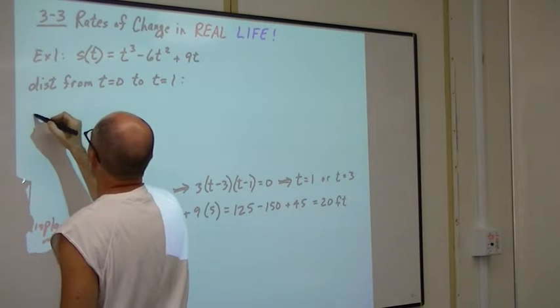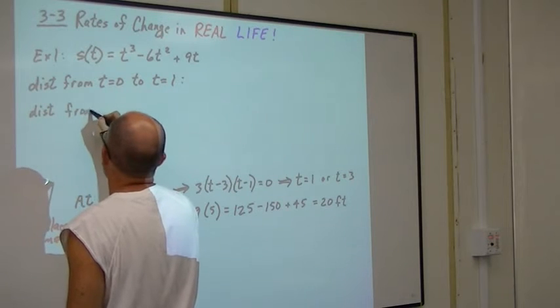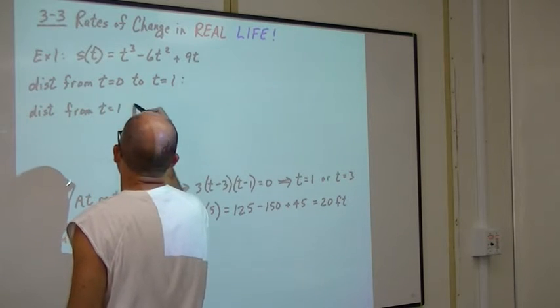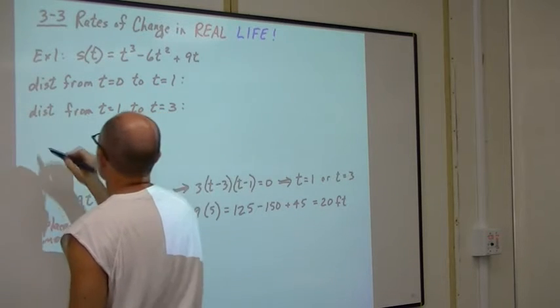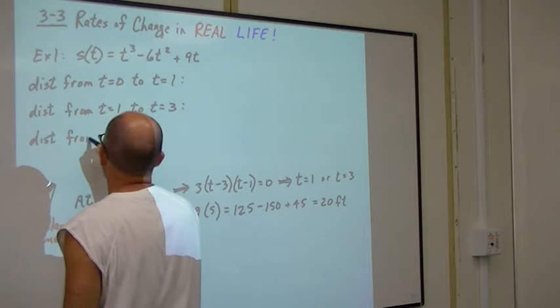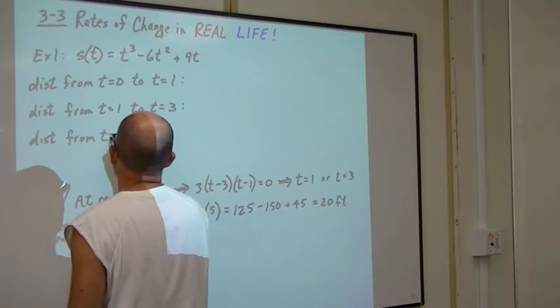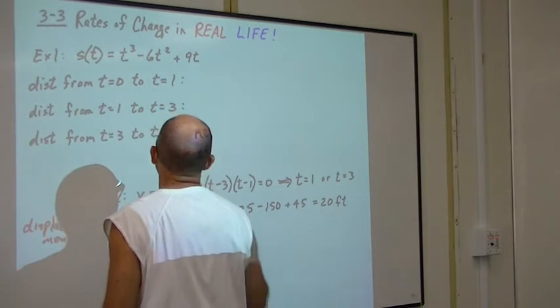Then the distance from t equals 1 to t equals 3. And then the distance from t equals 3 to t equals 5.